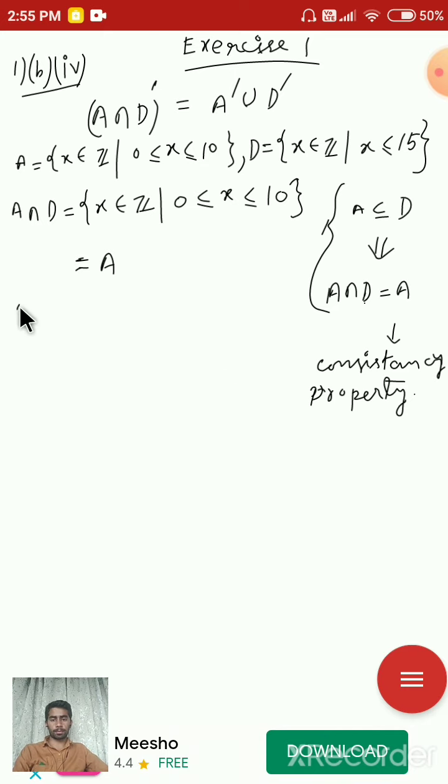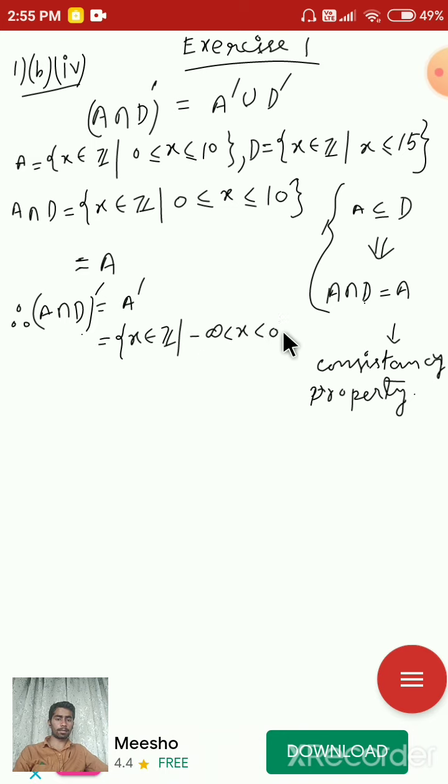Now therefore (A intersection D) complement will be equal to A complement, which is again the set of integers x belongs to Z such that minus infinity less than x less than 0 and 10 less than x less than plus infinity.